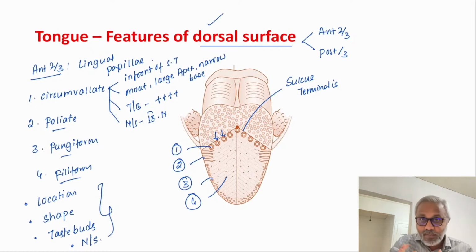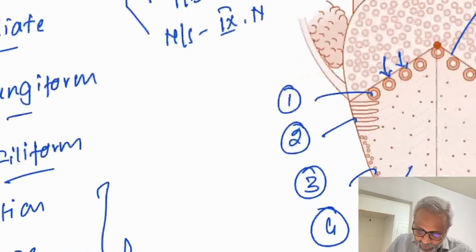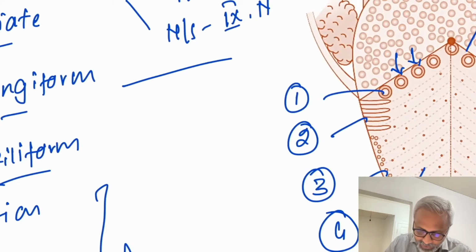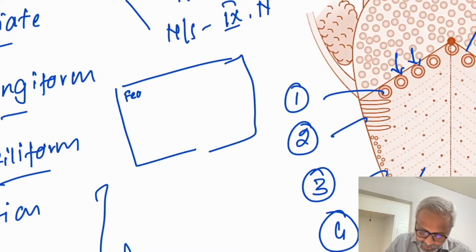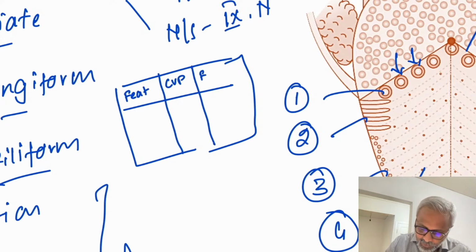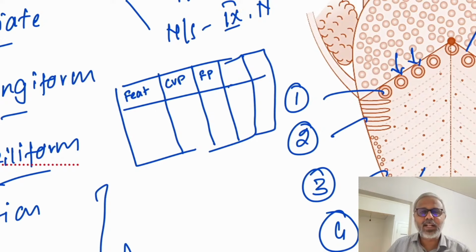Now, how can we do this? So let's try to understand. Imagine we are putting a simple table, right, where we are discussing features, and then this is circumvallate papilla, then foliate papilla, then the other 2 papillae we can talk.